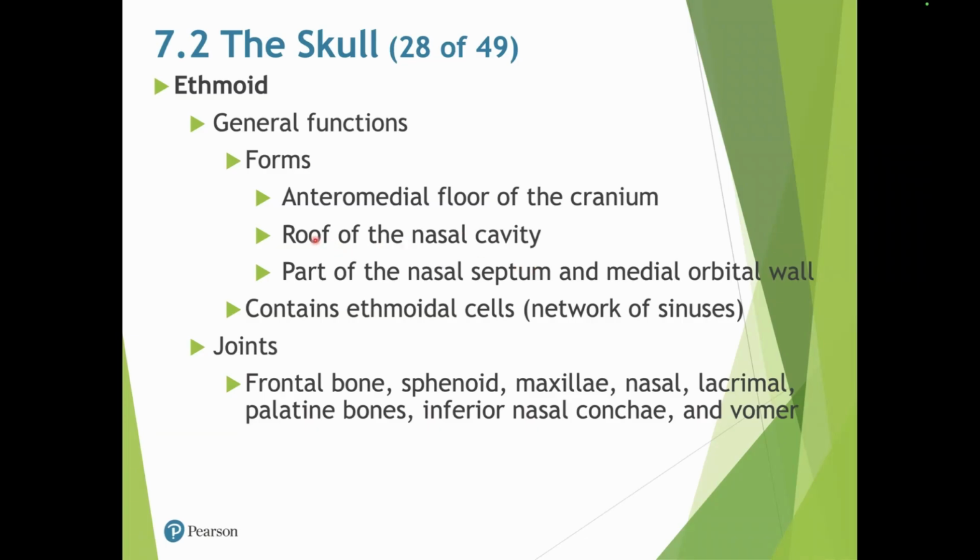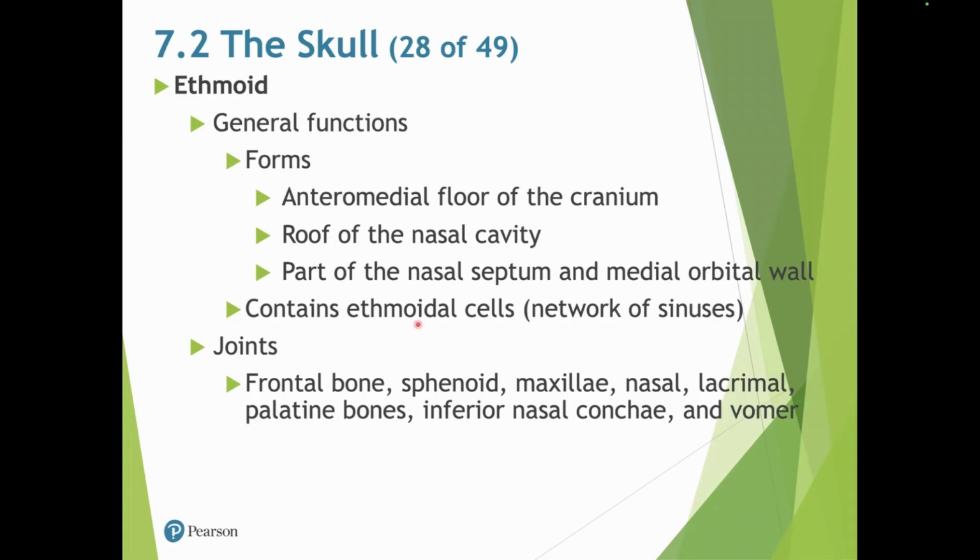It is going to help to form the roof of the nasal cavity, part of the nasal septum, and the medial orbital wall, the eye socket, the medial portion of it, the side towards the nose, or the midline of the body. How about we use that as that directionality?